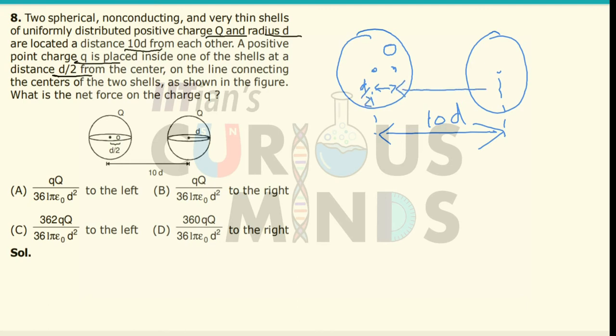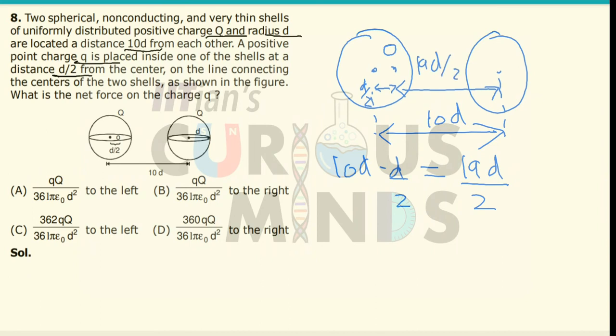So from the center of the other shell it will be equal to 10d minus d/2, which is equal to 19d divided by 2. This is the total distance, 19d/2.